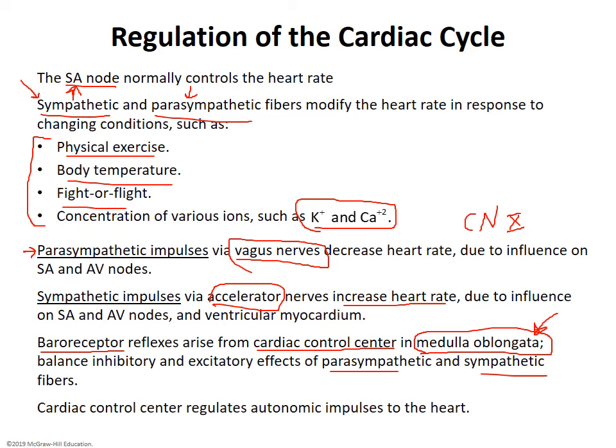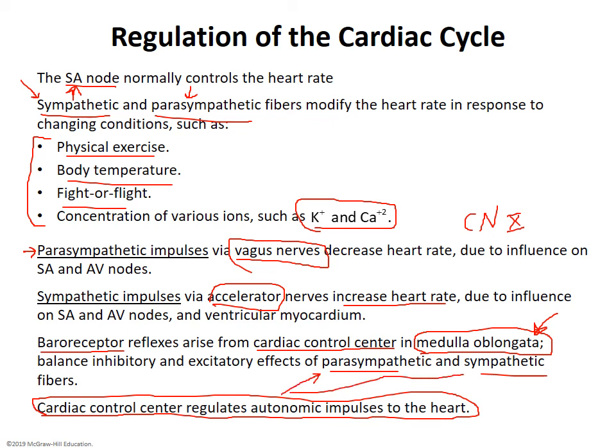So again, the cardiac control center regulates the autonomic impulses to the heart. And since we're talking about the autonomic, the automatic pilot, we're talking about parasympathetic and sympathetic. And parasympathetic is going to be the vagus nerve, right? The vagus nerve is going to be the part that's going to be used to control the parasympathetic.